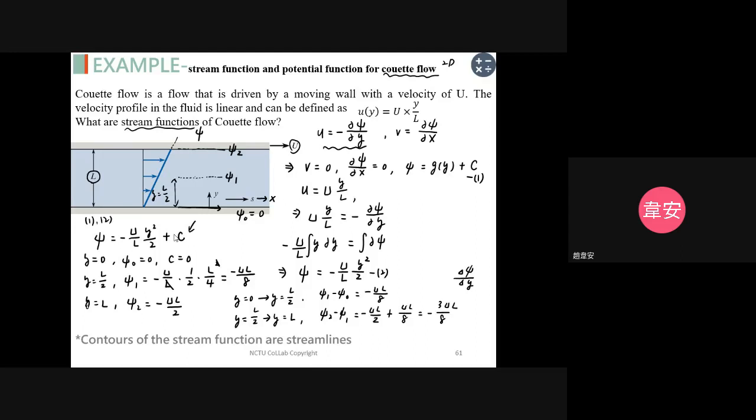If our flow satisfied irrotational flow, we could also apply the Laplace equation for the stream function and try to understand the velocity field under our flow condition. Okay, so this is our final exercise in this chapter.